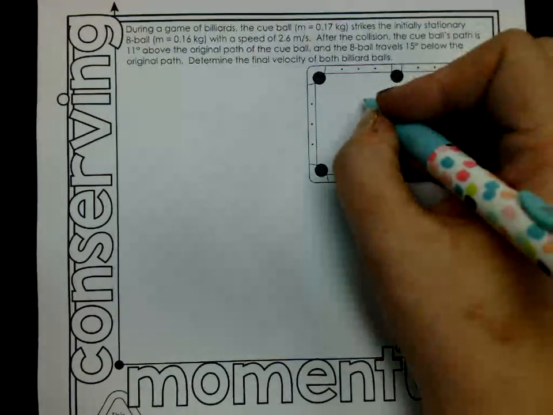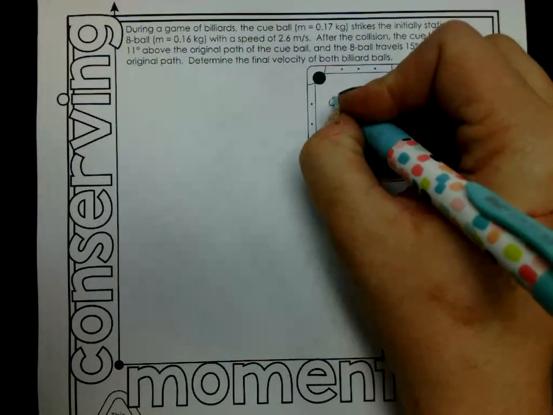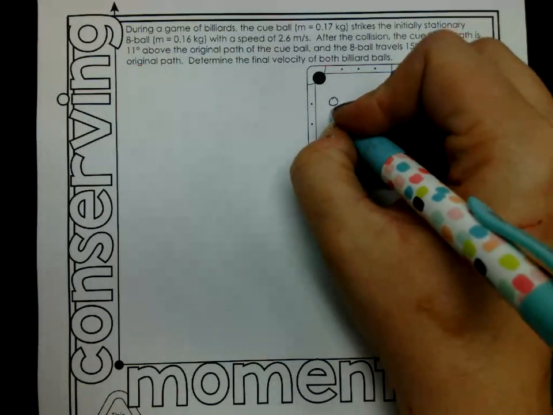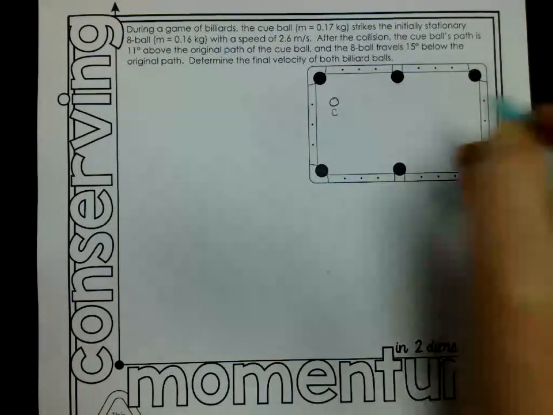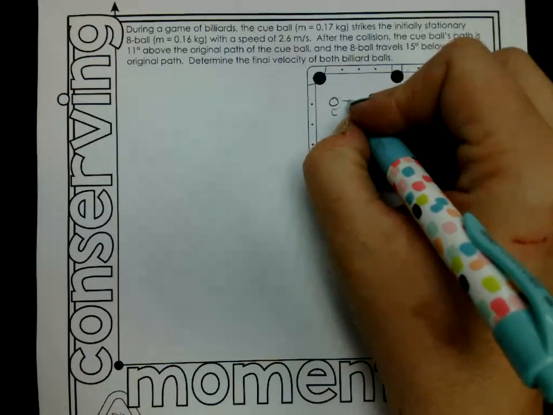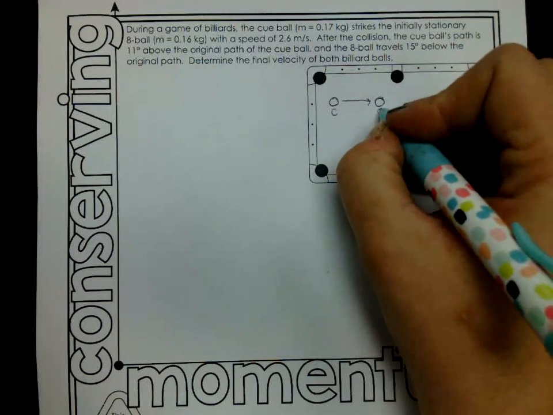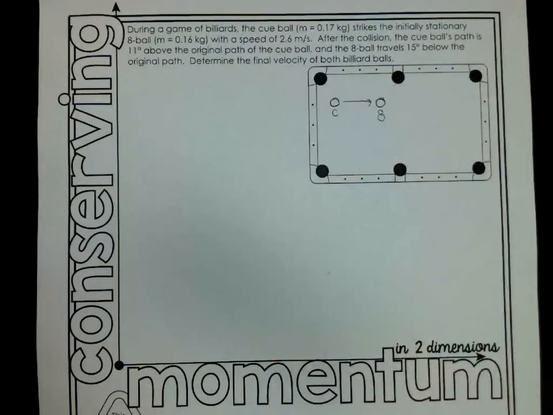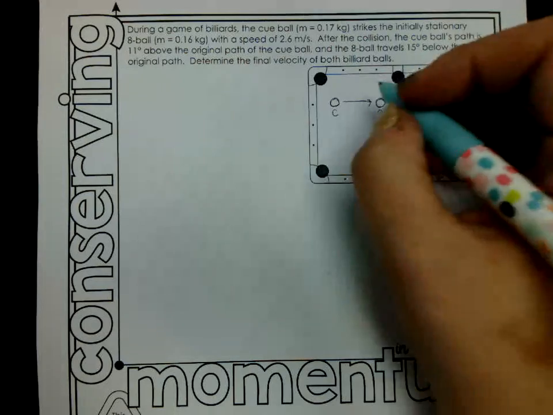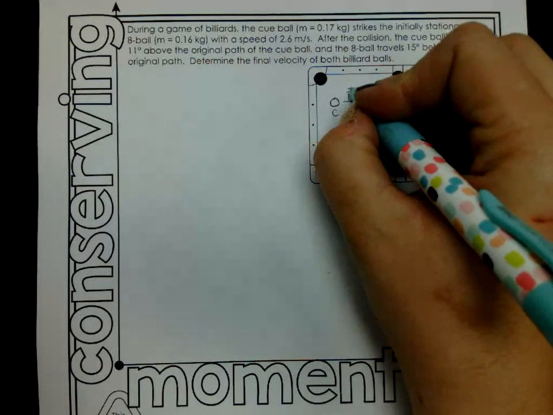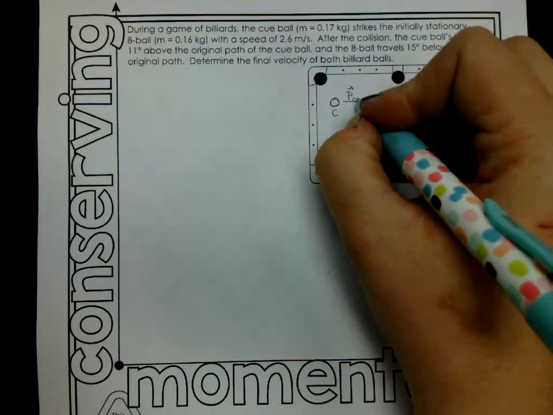All right. So we have our cue ball here, and it says the cue ball strikes the 8 ball. And then we also know our momentum of the cue ball initial.